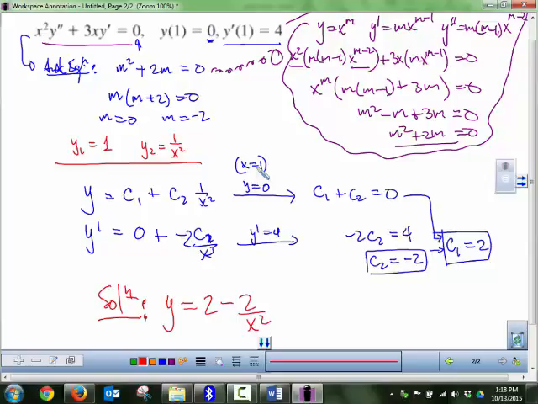When it comes to the non-homogeneous differential equation, it gets a little bit more difficult, and it gets a little bit more tricky. I don't know if I should start doing a problem and then redo it again.